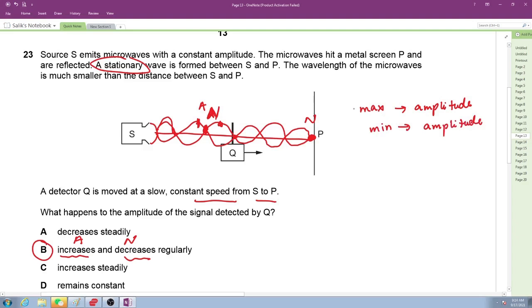The maximum amplitude we get at an antinode and the minimum at a node. Going from node to antinode, the amplitude increases regularly, and from antinode to node it decreases regularly. So our correct answer is B, that it increases and decreases regularly.